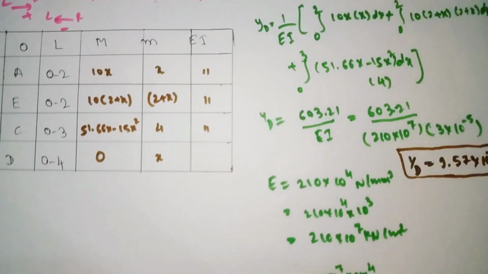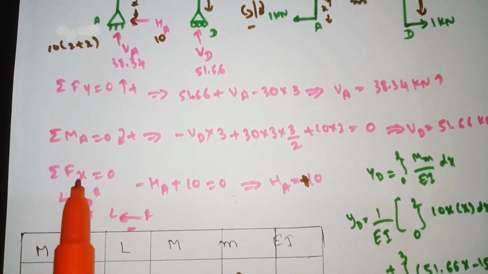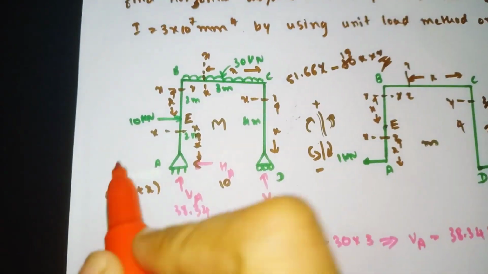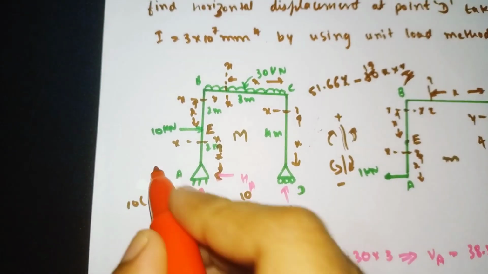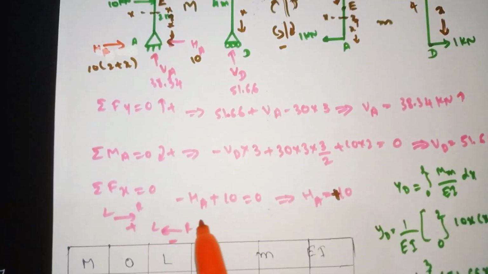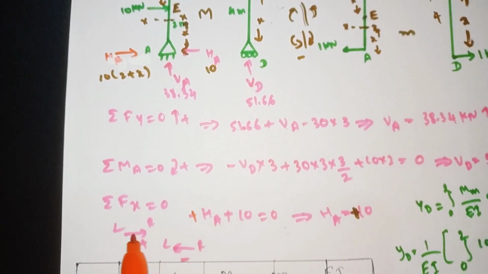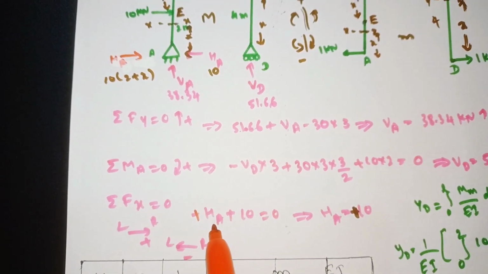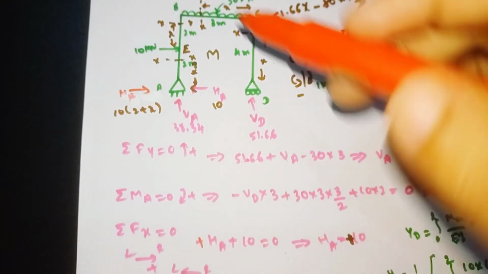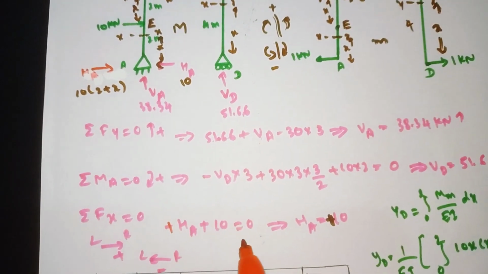So this is how we need to find it, and see here we have made one mistake. For summation of Fx, before finding this HA, we need to assume the direction of HA. We take left to right as positive, so plus HA, plus this 10 kilonewton also moving left to right, is equal to 0.